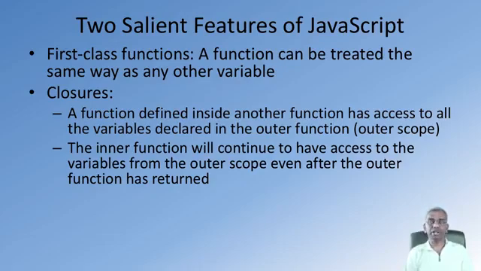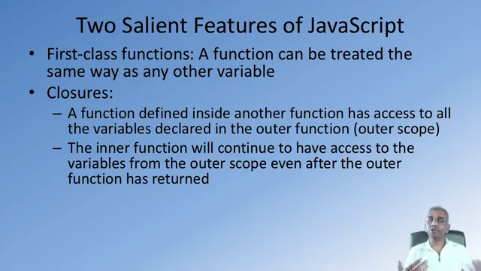The second aspect about JavaScript is the support for closures. What we mean by closures, especially if you are familiar with functional programming languages, you understand how closure works. A function defined inside another function automatically gets access to the variables that are declared in the outer function.